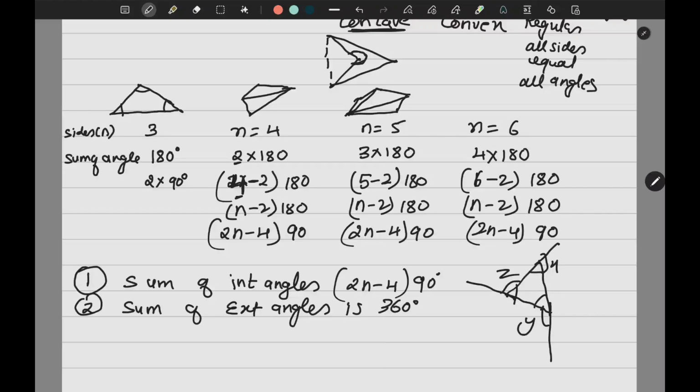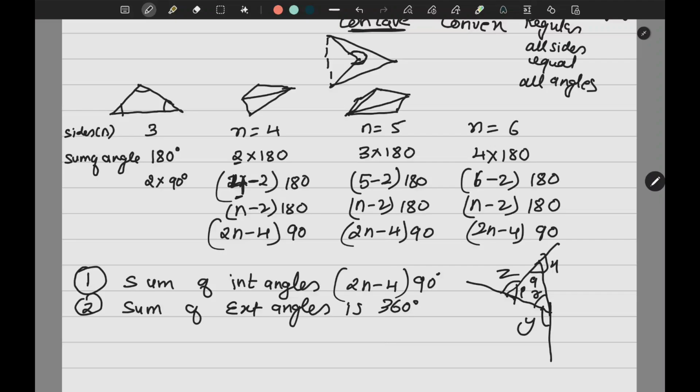So x plus y plus z is always 360. Though the interior sum, if I write the angles p, q, r, is (2n minus 4) into 90. n is 3 in this particular case. Okay. So now, these are the two basic properties.